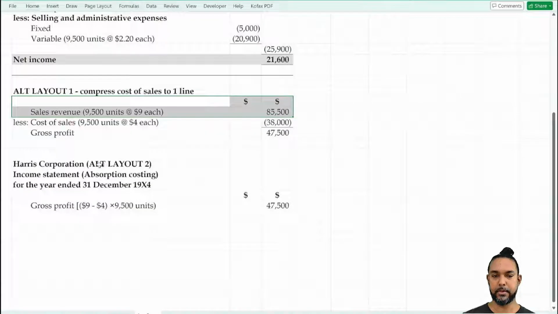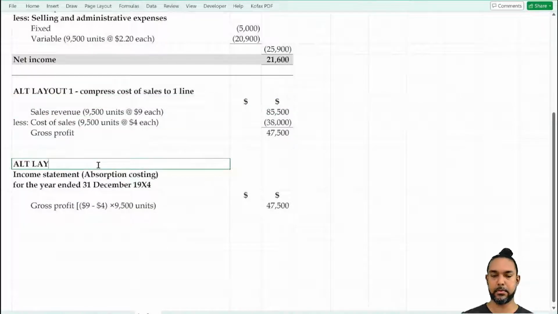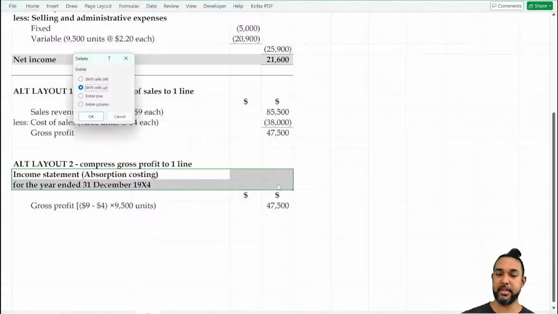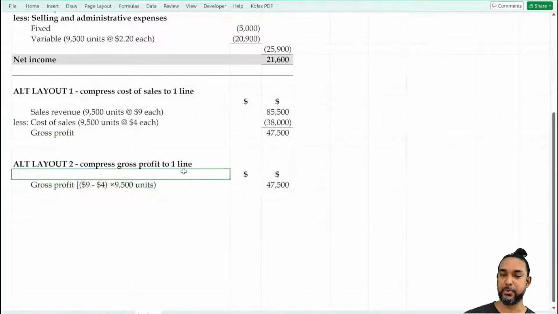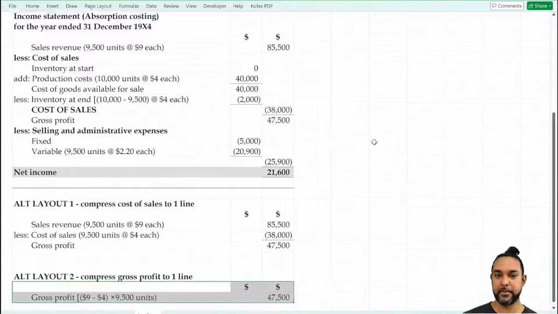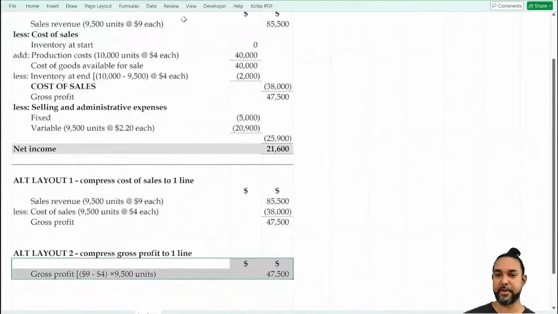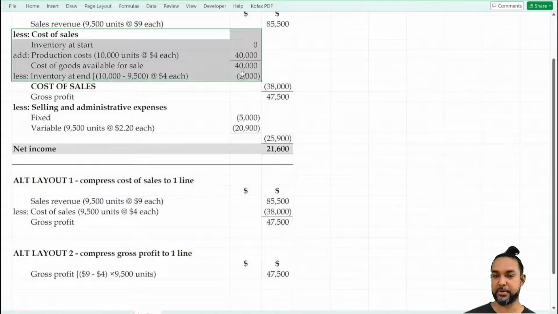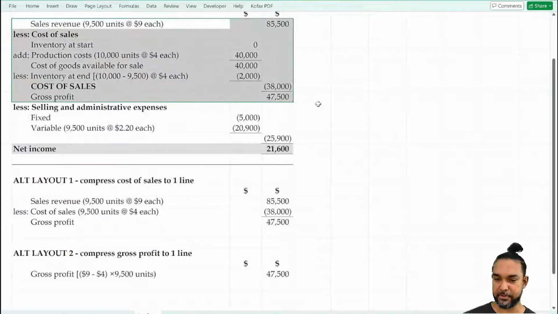Right, and then alt layout 2, compress gross profit to one line. Like I said, it's not that you're just doing this piece as the whole income statement. That's not what I'm saying. I'm saying that basically you could save yourself either the cost of sales section or the whole gross profit section.